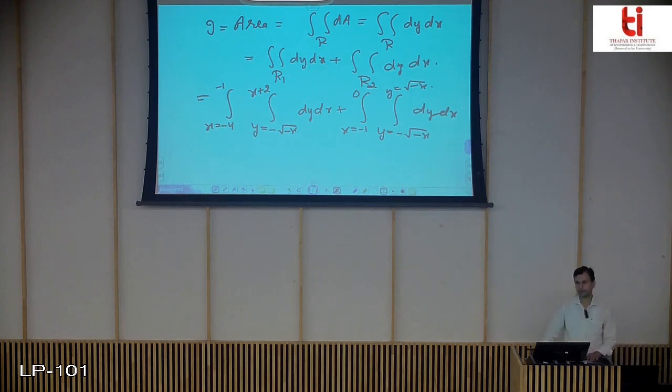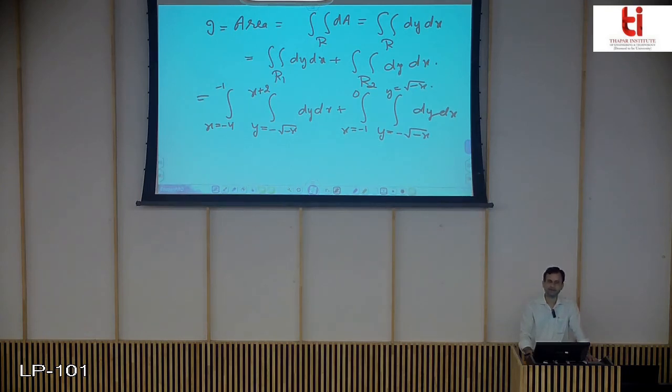So now you can see the difference why I chose to integrate first with respect to x in this question. The reason was because when you are free to take any order of integration, you look at the region of integration and try to integrate with respect to the variable where there is no splitting of a region.